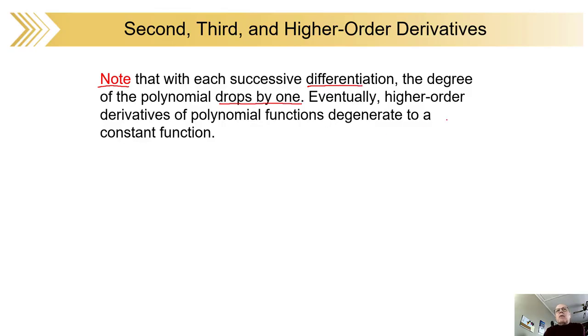Because every time you take t to the 17th and take the derivative of that, the 17 comes out front, and you're dropping the degree by 1. That's what it means. And if you do that long enough, eventually your derivative becomes a constant.